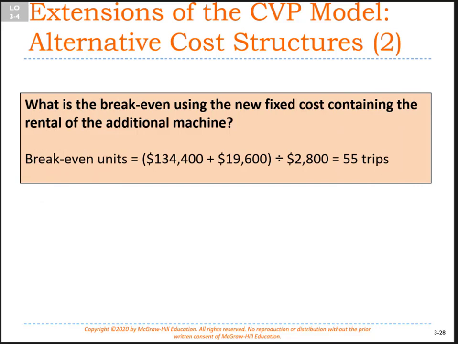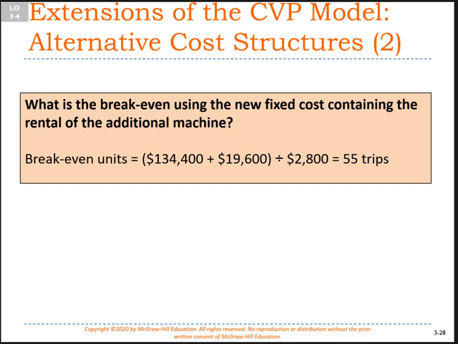And so our break-even is at 55. Now here's your problem. You can't get to break-even before 40, right? Our break-even with the old fixed cost was 48, and this new fixed cost kicks in at 40. So there is no way to break even below 40.